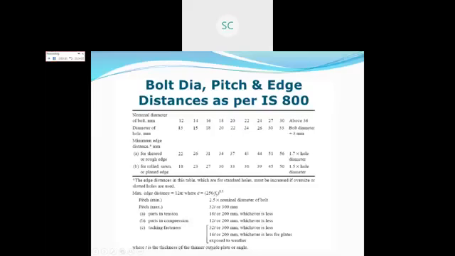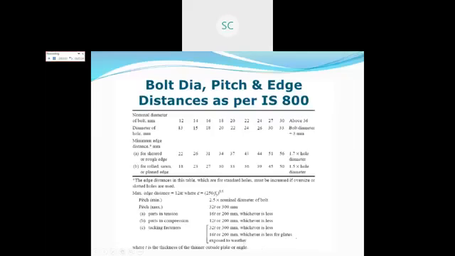So if you are joining two sections, the minimum thickness of the member is to be considered as T. And for staggered fasteners, 32 T or 300 mm, whichever is less; 16 T or 200 mm, whichever is less for plates exposed to weather.